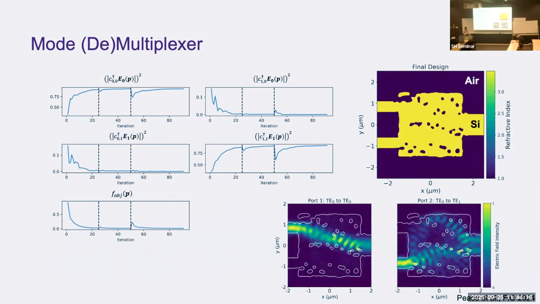Again, I couldn't explain why this is the design, but it works. As you can see, after traveling through this device, the mode here is TE0. If there's a single mode here, if there's TE0 here, after this device it's going to be TE1 here. The way the optimization works is that at first it lets the permittivity of the material be continuous.